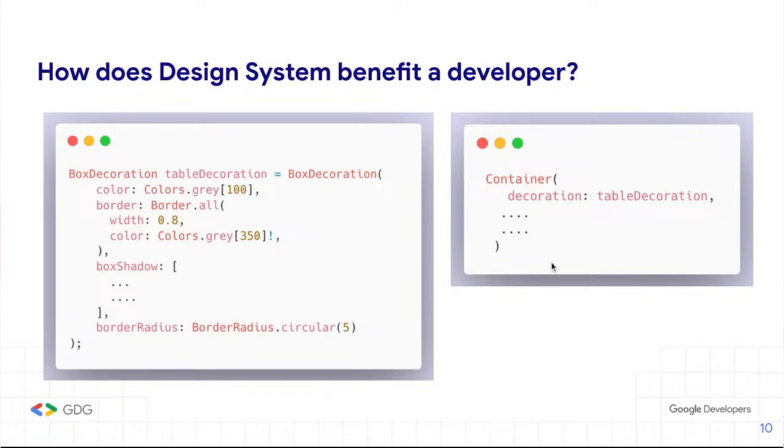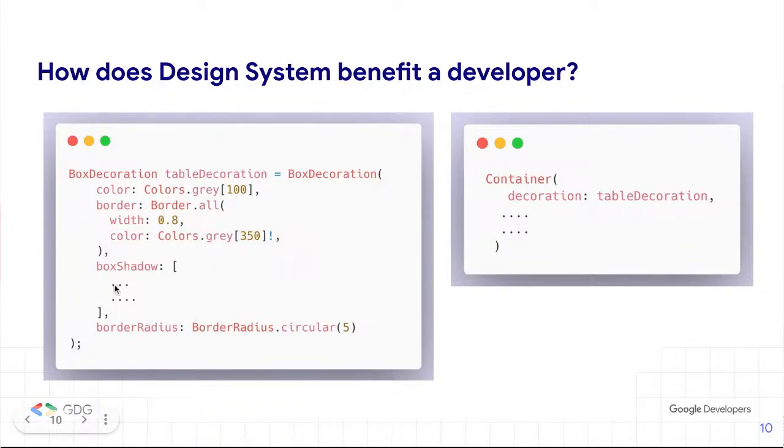Now whenever I'm using a container where I want this particular decoration, then I'm going to say box decoration and table decoration. So this is how you can reduce the number of lines of code.